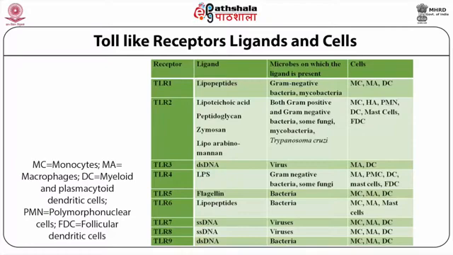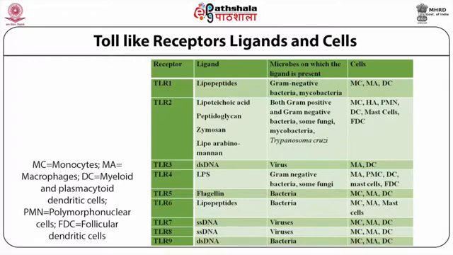TLR10 is also known as CD290. This has also been reported. Its ligands are less understood, not so well identified, but what is known is that its cellular distribution is on the plasmacytoid dendritic cells.